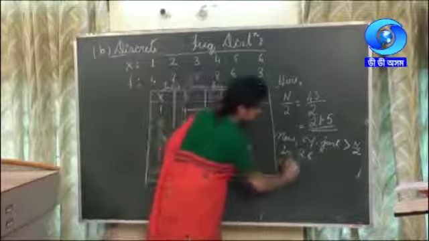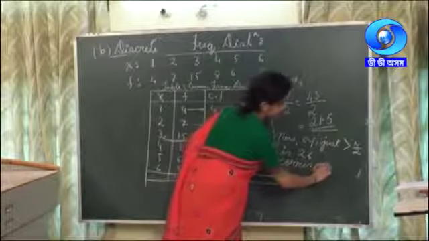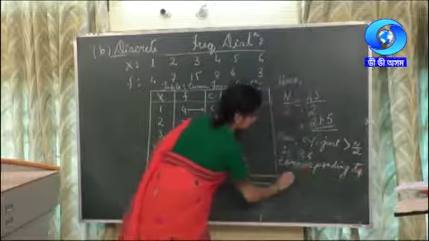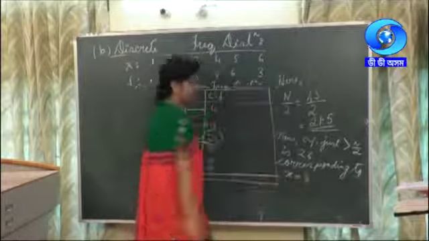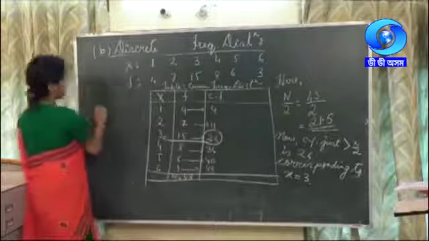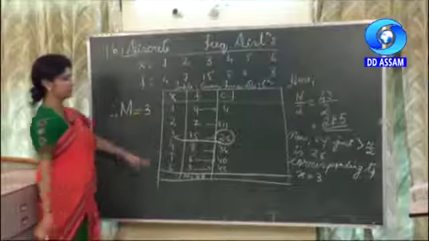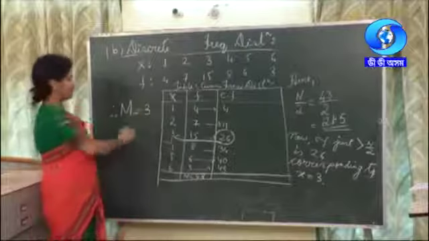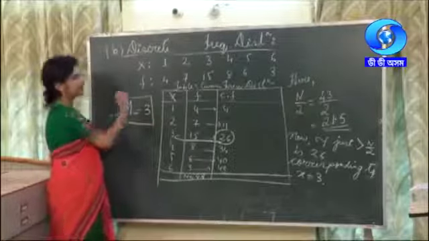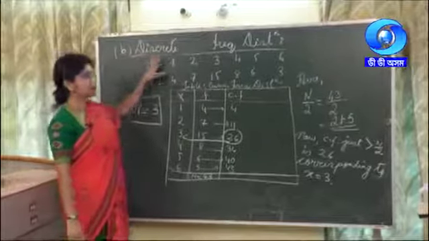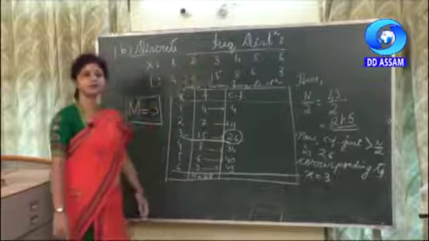Corresponding to x equal to 3. Therefore, what is median? Median is equal to 3. This is how we find median in case of a discrete frequency distribution.